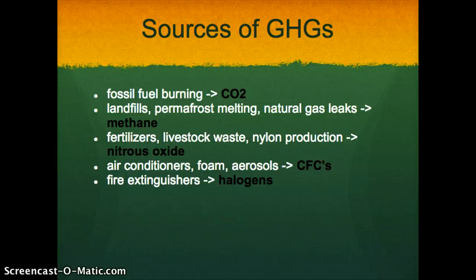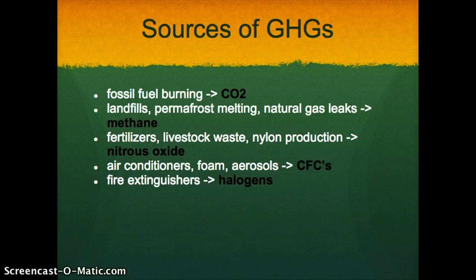Sources of greenhouse gases. These are the most common greenhouse gases. Fossil fuel burning leads to carbon dioxide, landfills, permafrost melting, and natural gas leaks lead to methane, fertilizers, livestock waste, and nylon production lead to nitrous oxide.